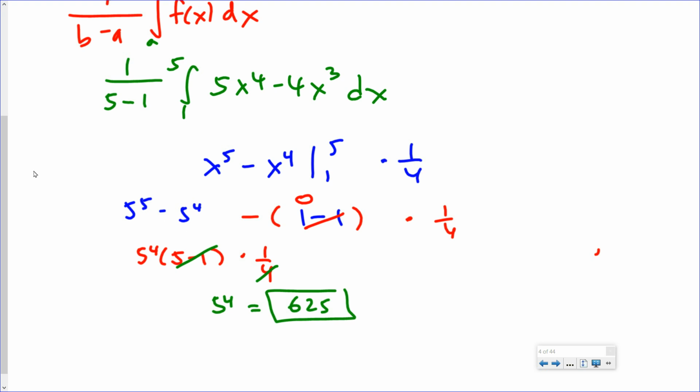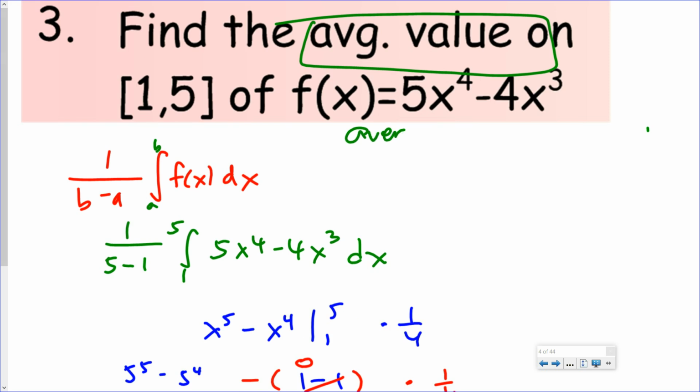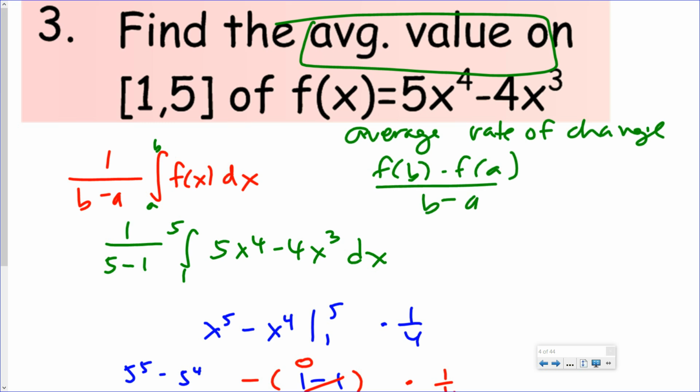All right, can you do that on your own? What does this average value formula get confused with? Average rate of change. What if I had asked you for average rate of change? What formula would that have been? f of b minus f of a over b minus a.